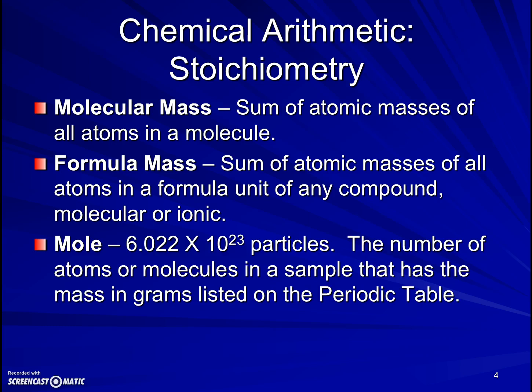What this gives us is the number of grams in a mole of that compound, where a mole is 6.022 times 10 to the 23rd molecules, or formula units, or atoms, or whatever it is that we're looking at.